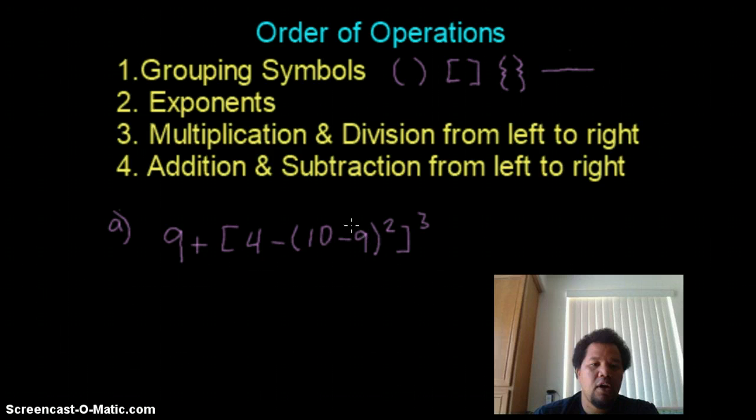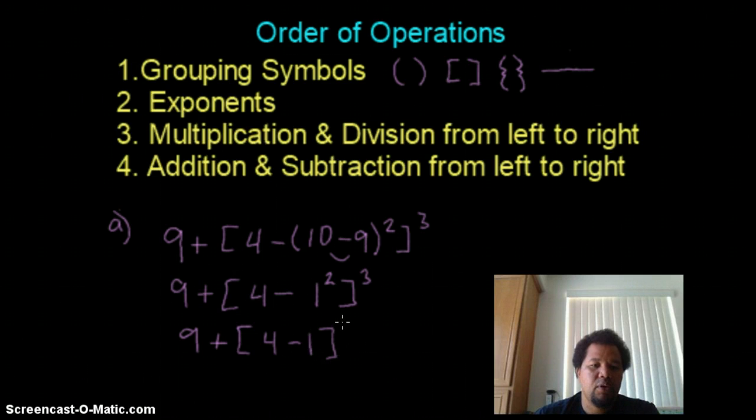So we're going to start right here with 10 take away 9, which is 1. And we still have this exponent here, and this exponent. We still have the grouping symbol, so we work within here. We have subtraction and an exponent, so exponents come first. 1 to the second power is just 1.